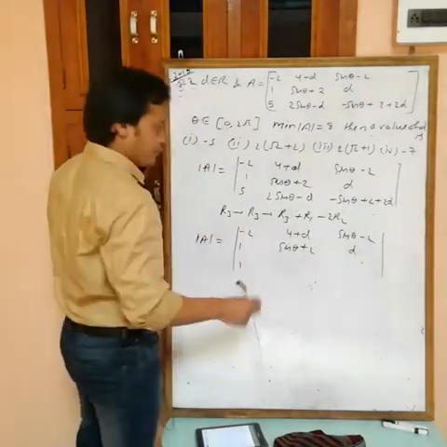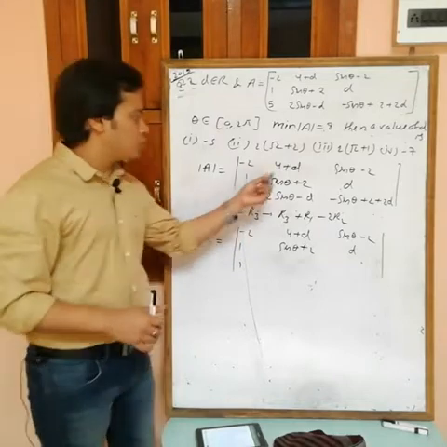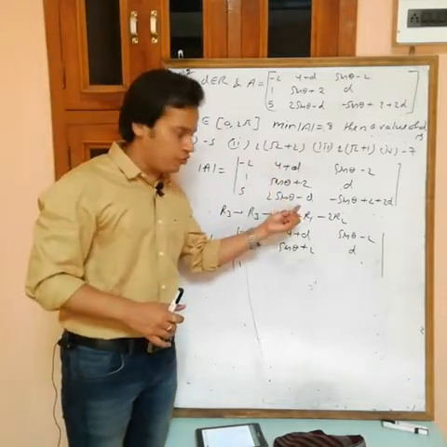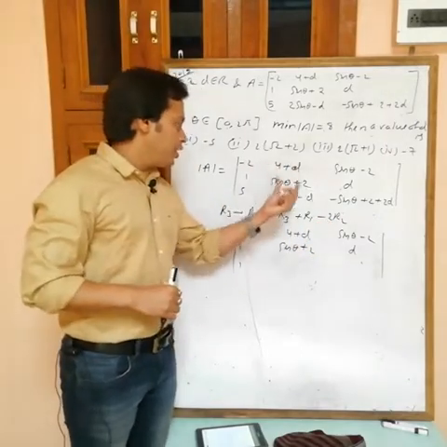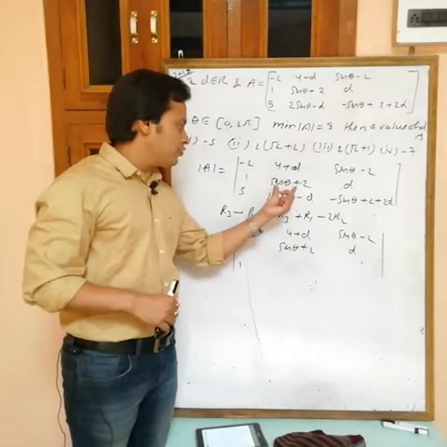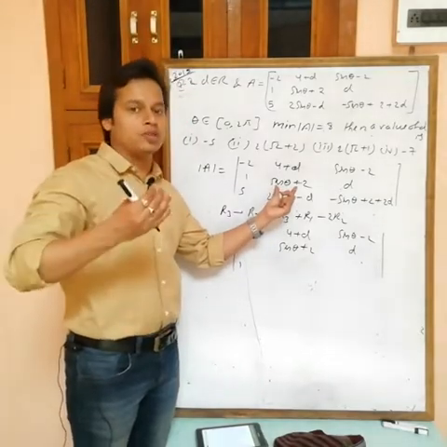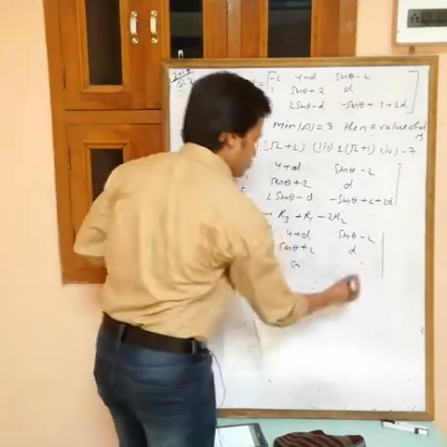Then adding the next entries, D cancels out, and we get 2 sin theta plus 4. Subtracting twice of R2, which is also 2 sin theta plus 4, we get 0. Similarly this one is also 0.